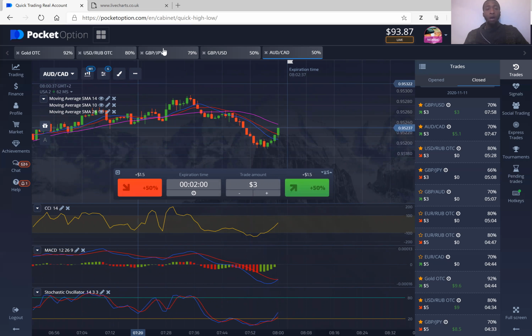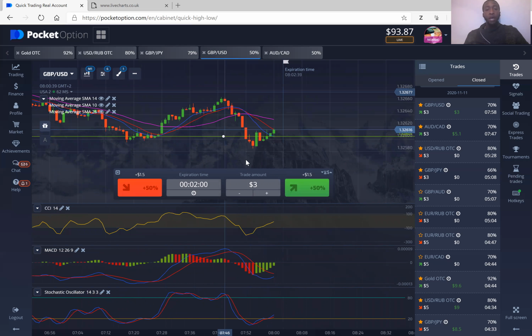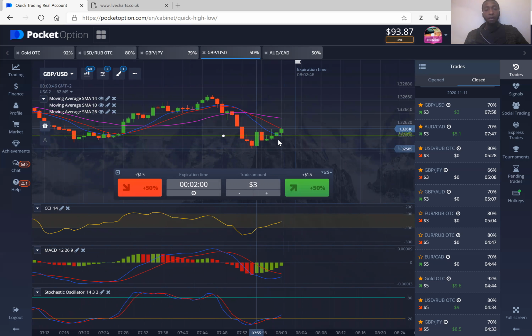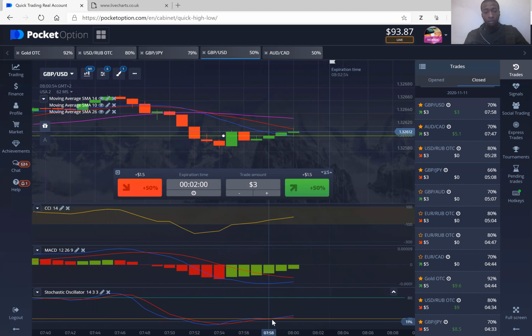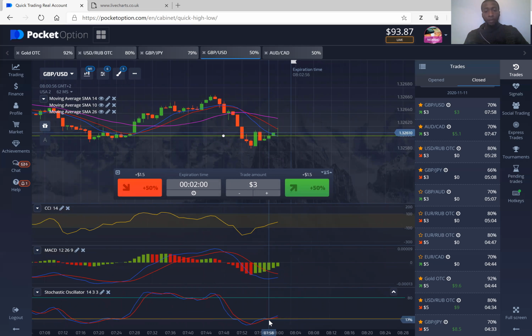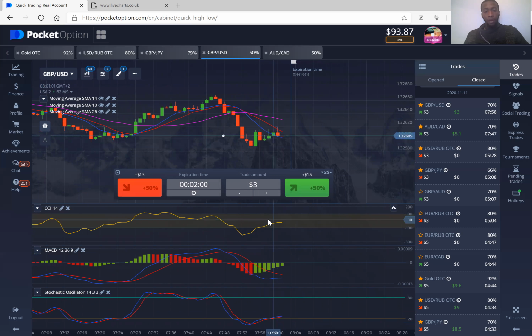While this GU was playing around with our entry, we definitely missed our buy on AUD CAD. If you look down here, you'll see we got the cross up right here, but then we had a little kiss right here. When this little kiss happened, it shot up from there.